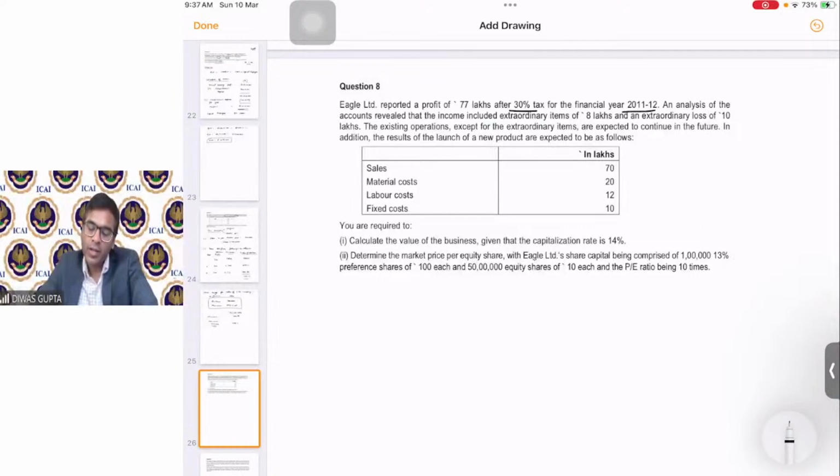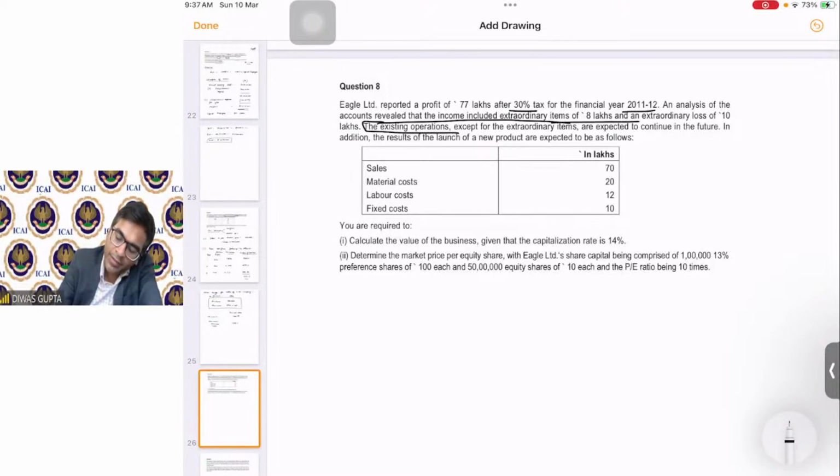An analysis of the accounts revealed that the income included an extraordinary item of rupees 8 lakhs and an extraordinary loss of rupees 10 lakhs. The existing operations, except for the extraordinary items, are expected to continue in the future. See, they have given you the definition of future maintainable profit also. So they are saying that barring these extraordinary items, all the rest we expect to continue in future.